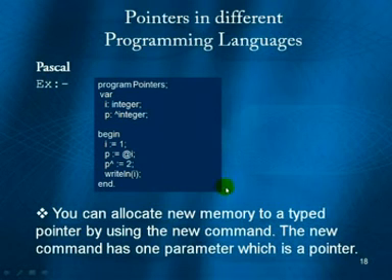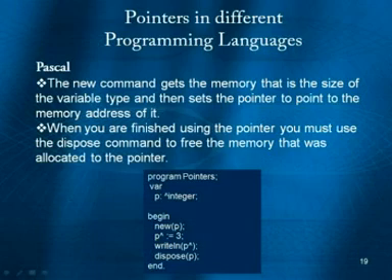If you want to allocate new memory to a typed pointer, you can use the new command. The new command has one parameter which is a pointer. The new command obtains memory the size of the variable type and then sets the pointer to point to the memory address of it.